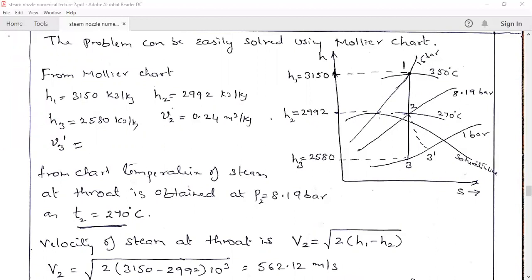Draw a line parallel to the y-axis and obtain the value of H2. The temperature point cuts this vertical throat pressure line, point number 2 is noted, and the temperature is obtained as 270 degrees centigrade.